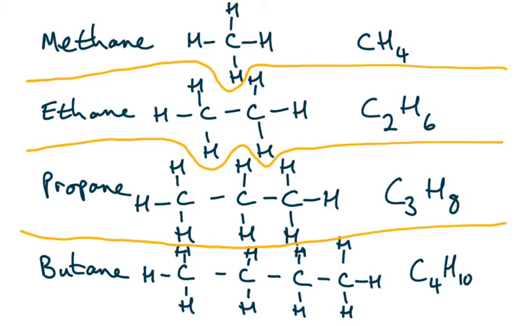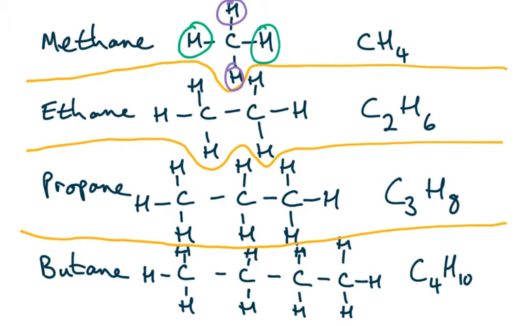But what I want us to have a look at is where we're seeing a trend in the number of carbons and the number of hydrogens. So what we should see is that for every carbon, we have got 2 hydrogens plus the 2 on the ends.